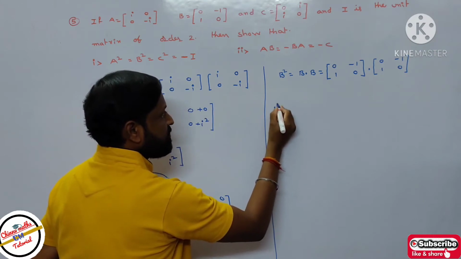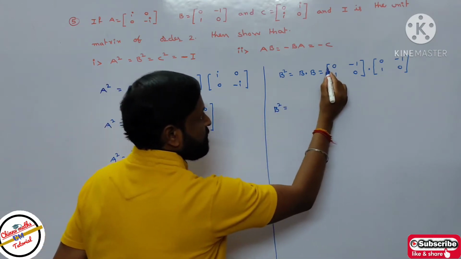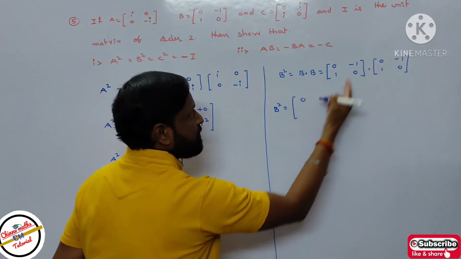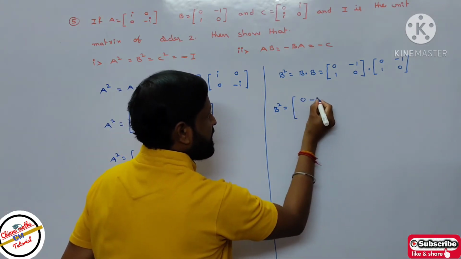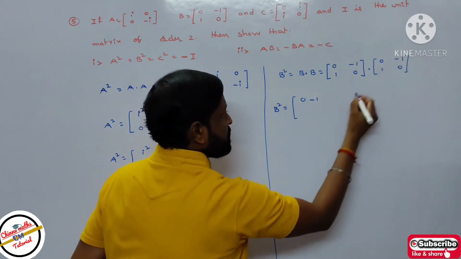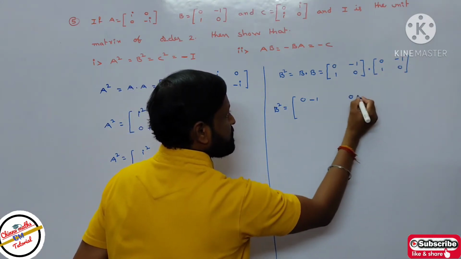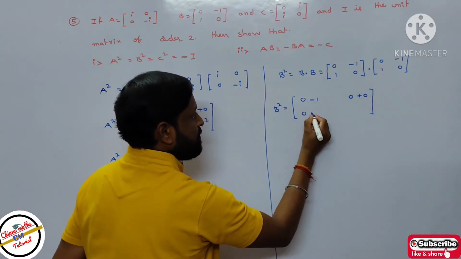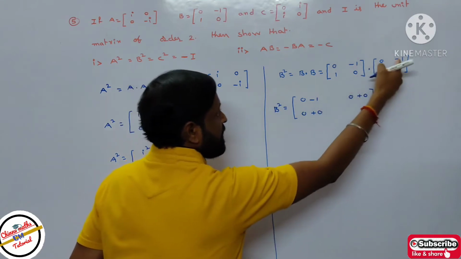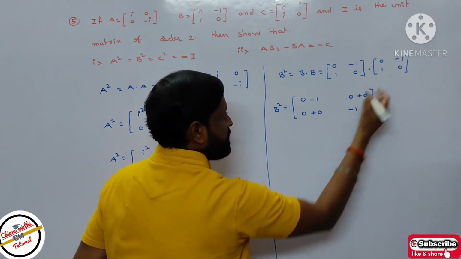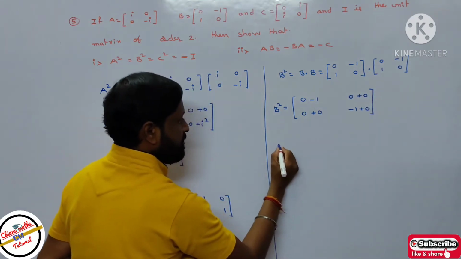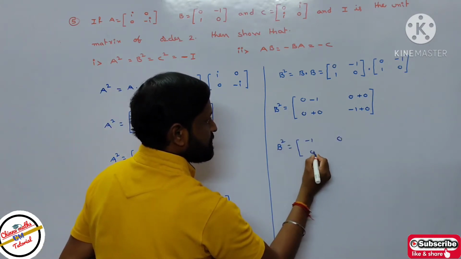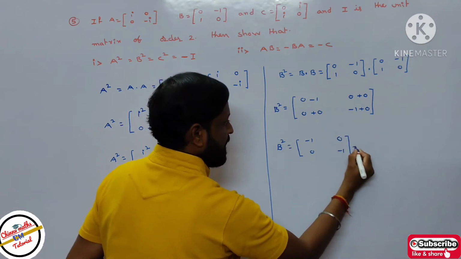So then B square equal to, multiply first row and first column, 0 into 0, 0, minus 1 into 1, again minus 1, then 0 into minus 1, 0, minus 1 into 0, 0. Next 1 into 0, 0, plus 0 into 1, 0, 1 into minus 1, minus 1, 0 into 0 plus 0. So then B square equal to minus 1 0 0 minus 1, right?